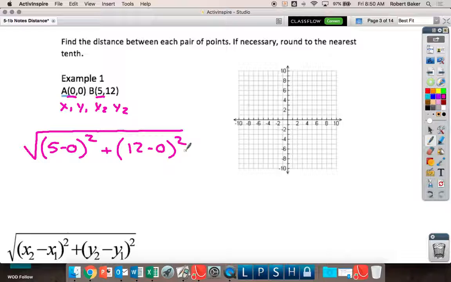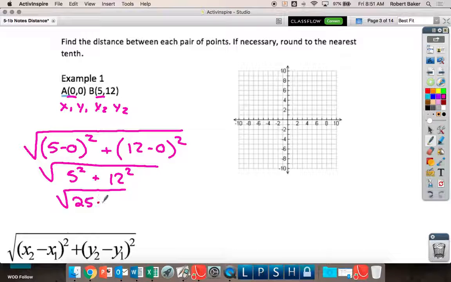But today, we're going to math it out real quick. So, do everything like PEMDAS says. 5 minus 0. 5. So, I have 5 squared plus 12 minus 0. 12 squared. Keep PEMDASing. You must use the exponents. 5 squared is 25. 12 squared is 144.